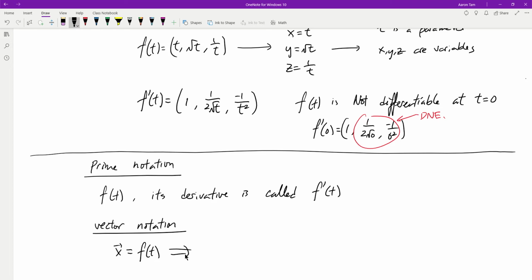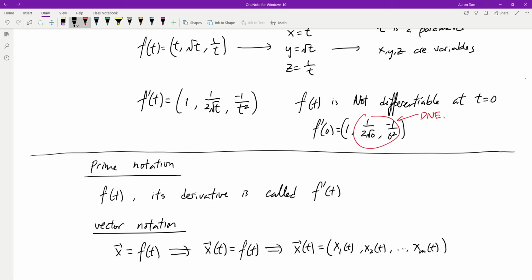And therefore we can now refer to vector x of t as the function f of t. And when we do that, we call vector x of t x sub 1 of t, x sub 2 of t, to x sub m of t.